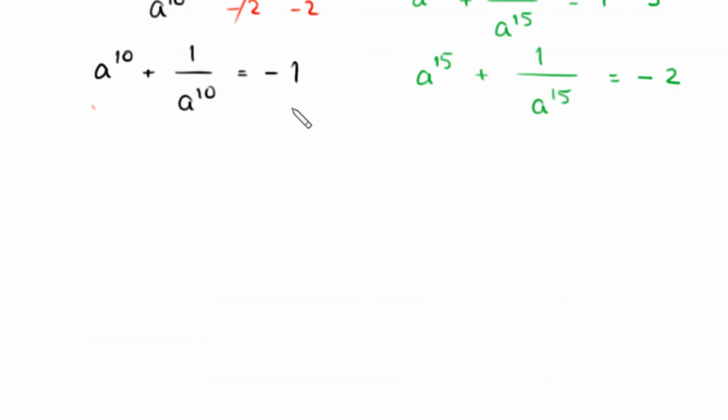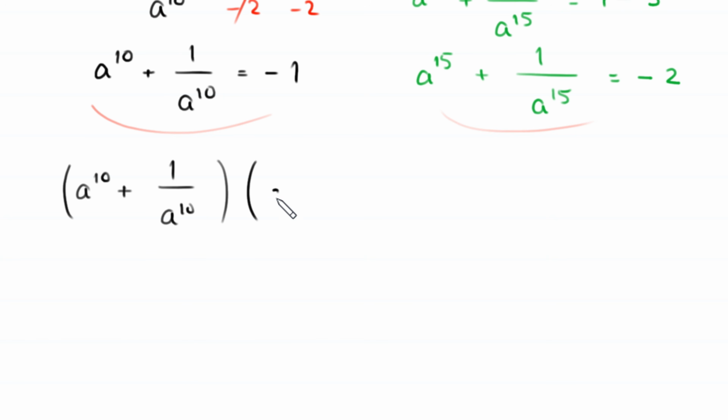Now we multiply these two equations. So this will become a to the power 10 plus 1 over a to the power 10 times a to the power 15 plus 1 over a to the power 15 is equal to negative 1 times 2.